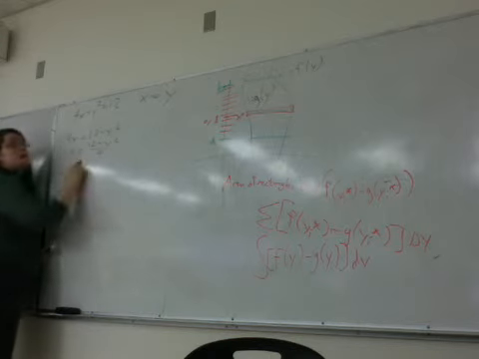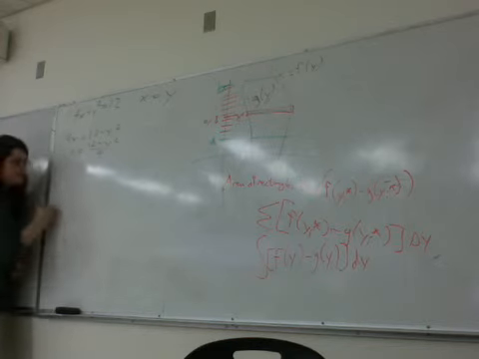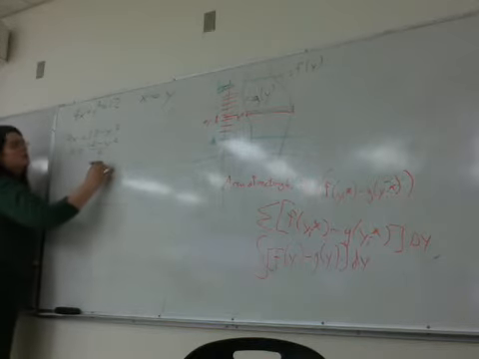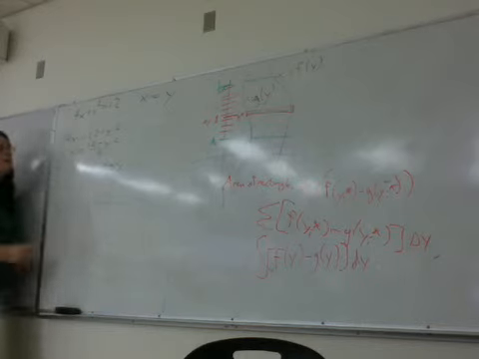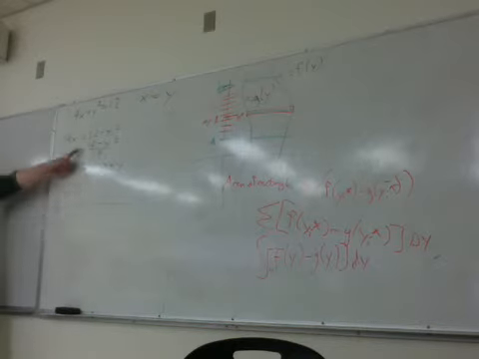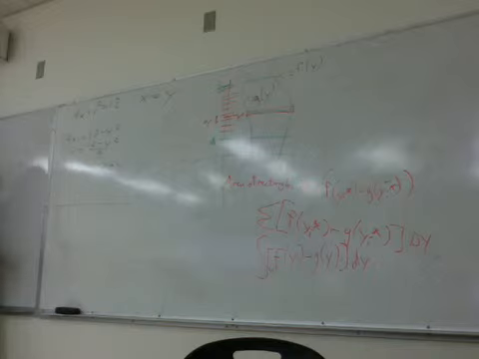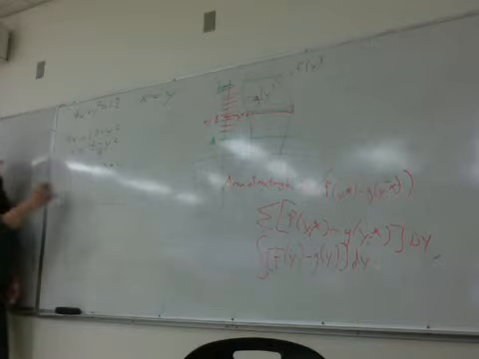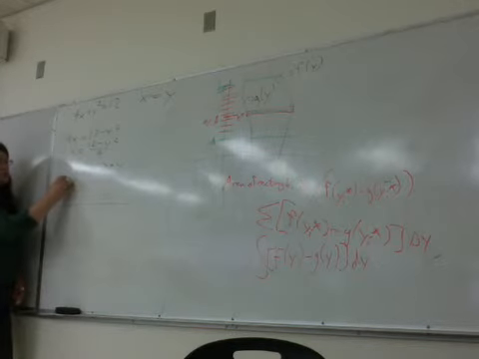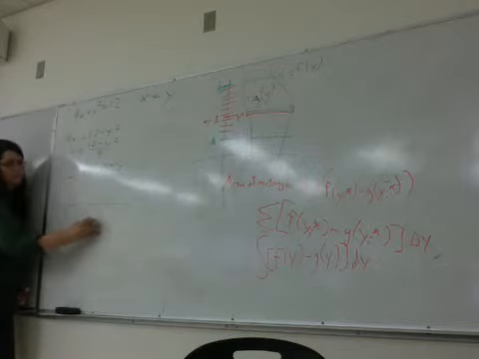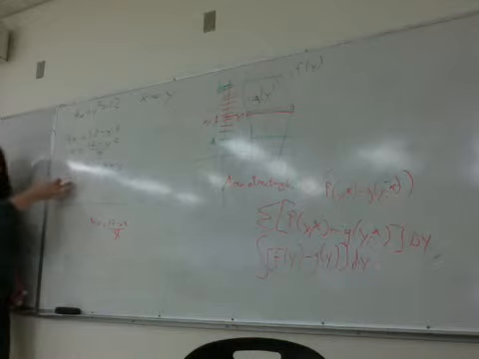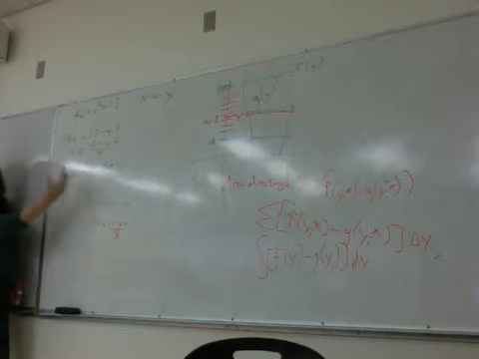Now if I want to sketch the graph, firstly x equals y is the same thing as y equals x. Now if I want to sketch x equals 12 minus y squared over 4, I can start by sketching the graph y equals 12 minus x squared over 4. It's going to look something like this. And then take this and turn it sideways.